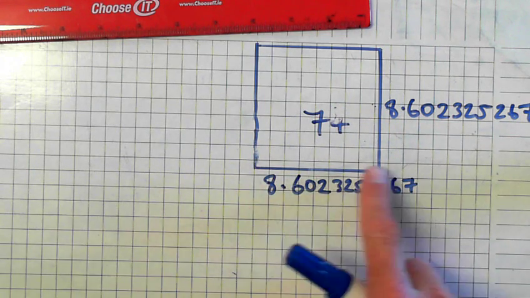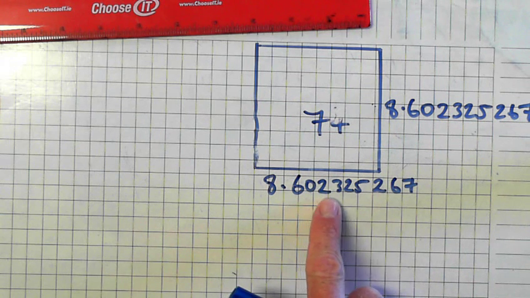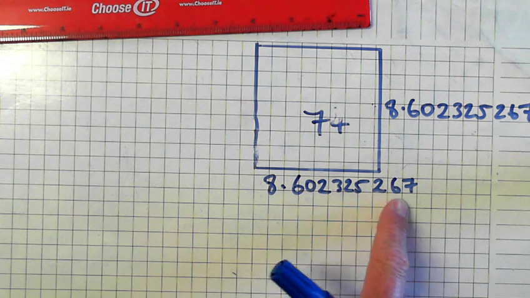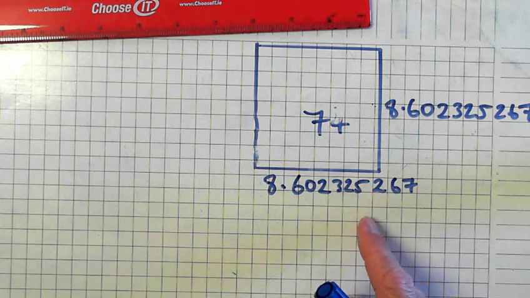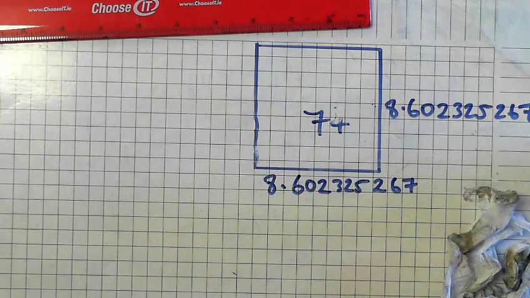Each one of those sides is 8.6023... Do you understand what a square root is? Yeah. It's getting the length of the side of the square. Okay.